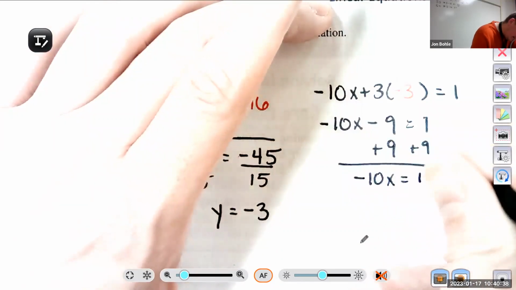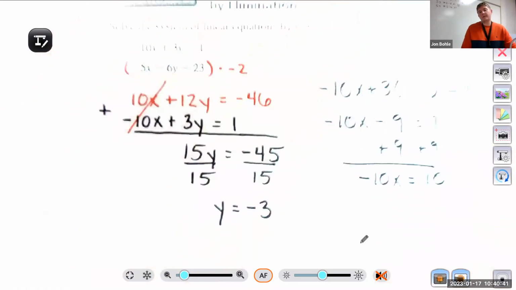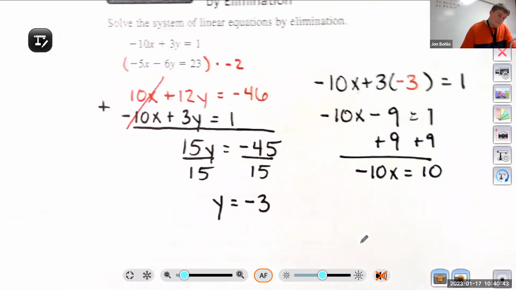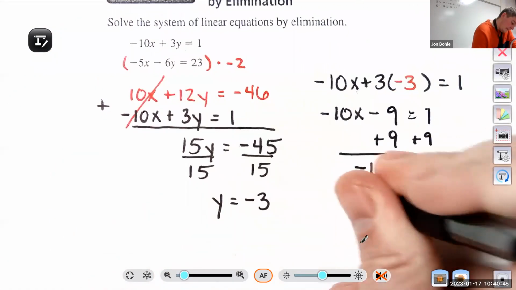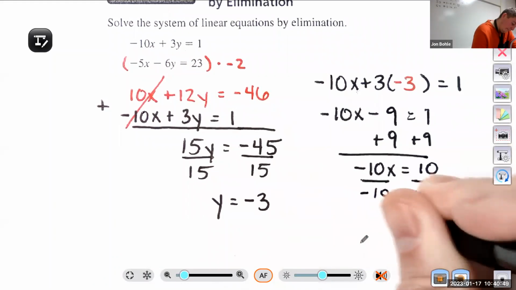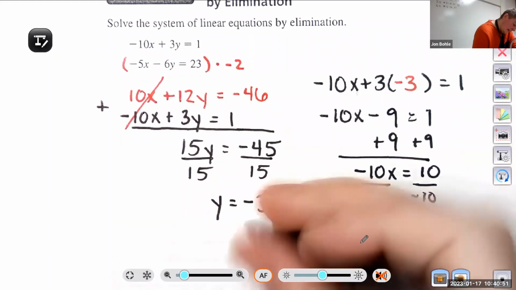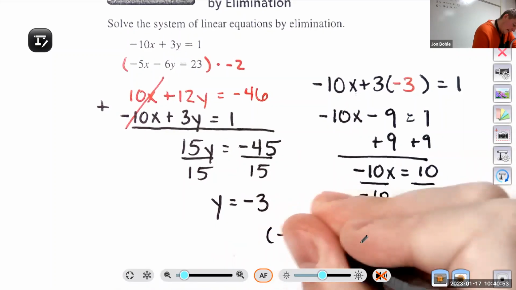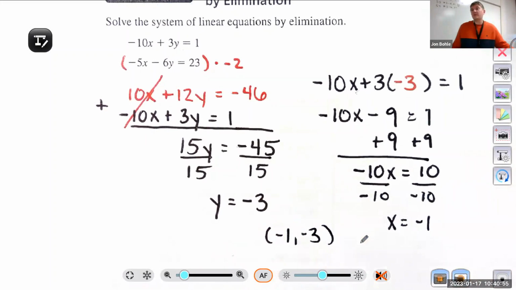Nine plus 1 is 10. And then divide by negative 10. So these two lines cross at negative 1, negative 3.